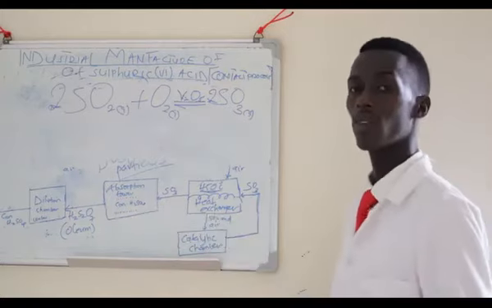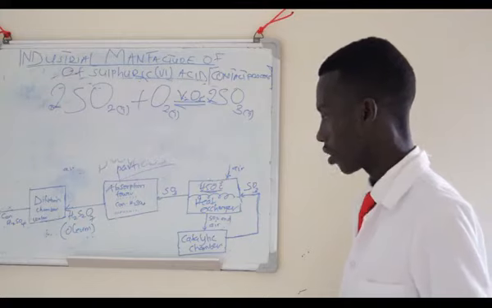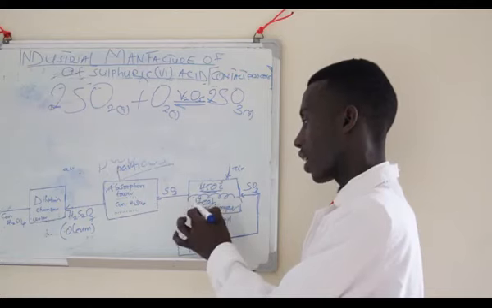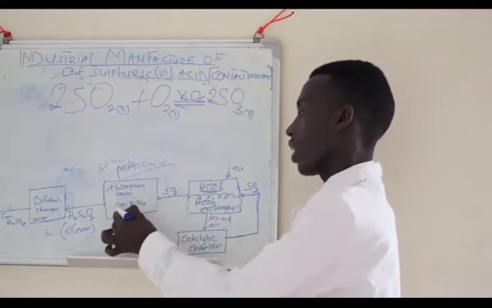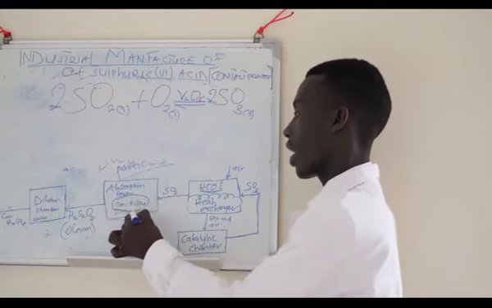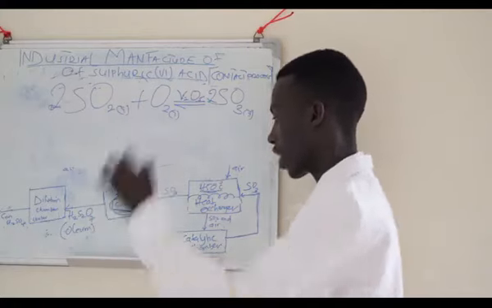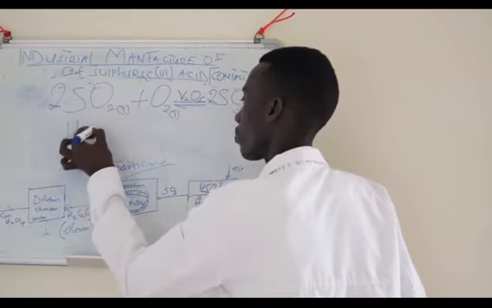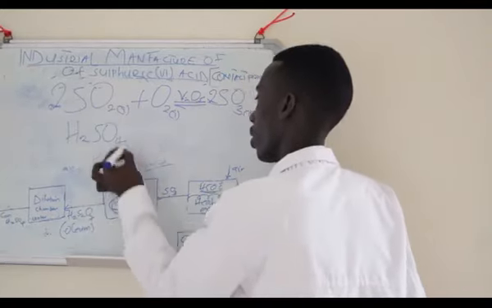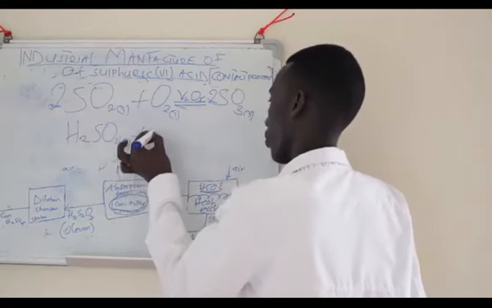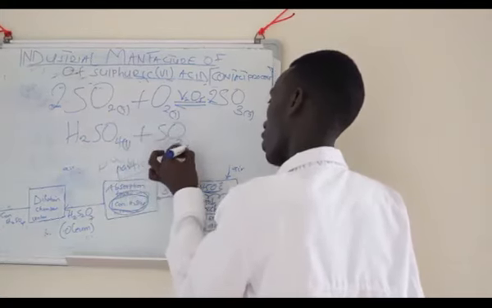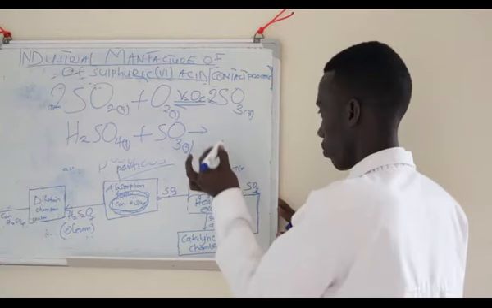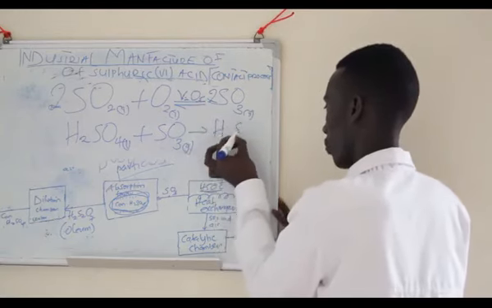In the absorption tower we have concentrated sulfuric acid. The sulfur(VI) oxide coming from the heat exchanger is going to react with the concentrated sulfuric acid, plus sulfur(VI) oxide, to produce an oily liquid known as oleum.